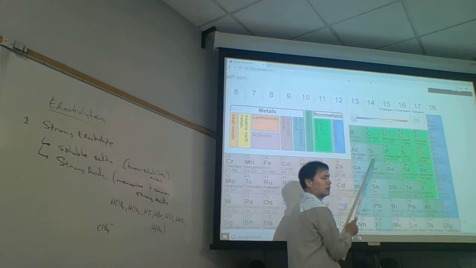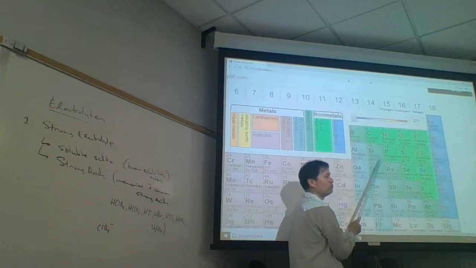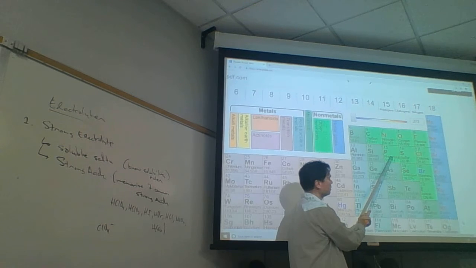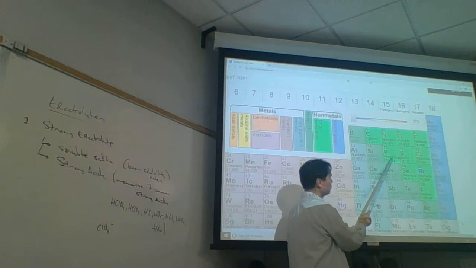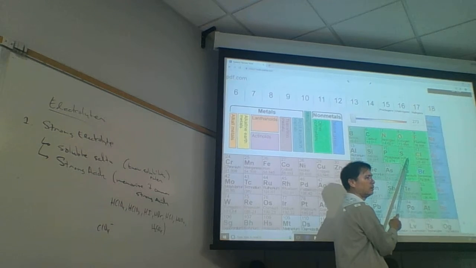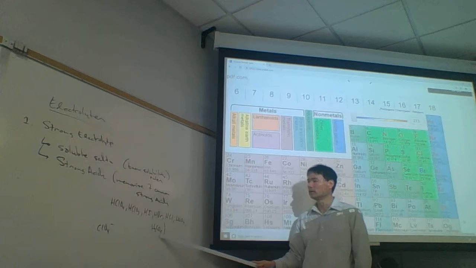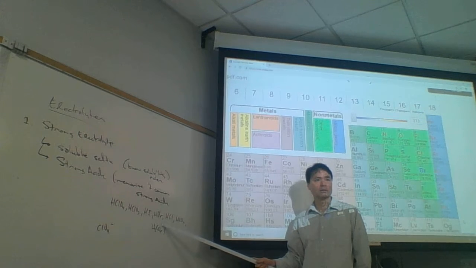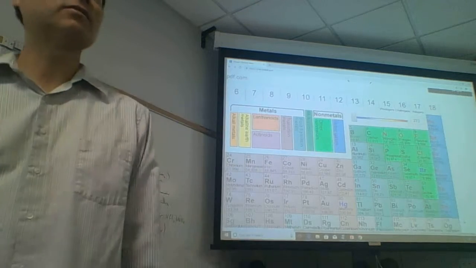What's silicate? SiO4, 4 minus. Then PO4, 3 minus. And then sulfate would be SO4, 2 minus. So this is sulfate, and therefore this is going to be sulfuric acid. So you have to memorize the 7 common strong acids.